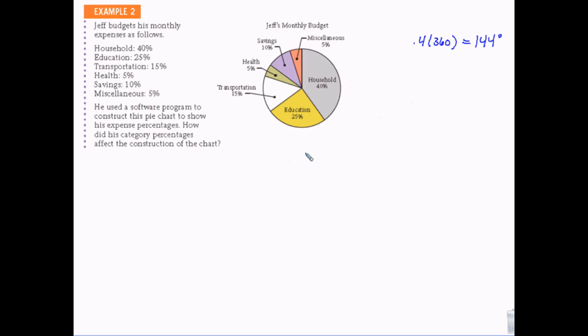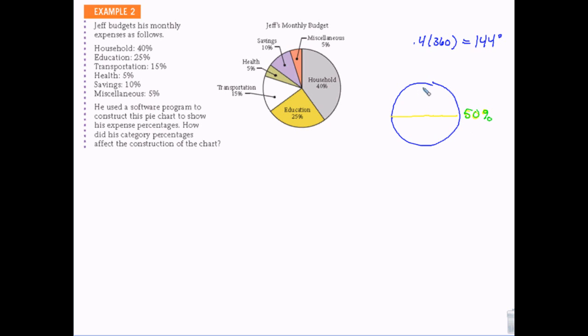So if we're looking at a circle and you're constructing it, and let's say you don't have a compass or a protractor, so you can't measure the degrees exactly. Well, this line right here across the center of the circle is 50%, half a circle.